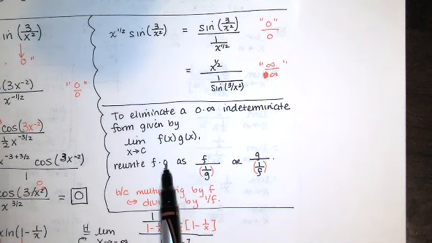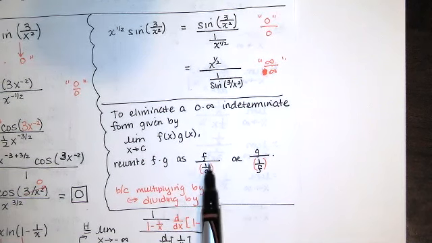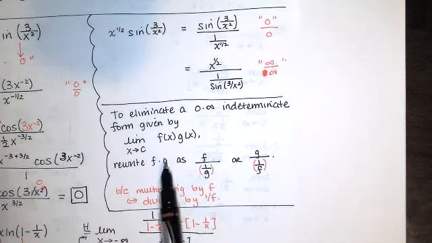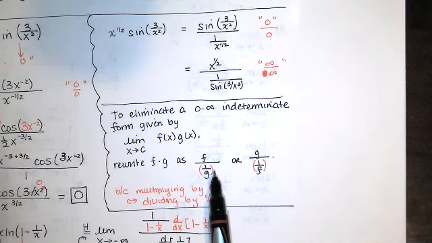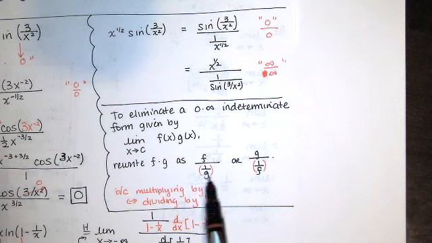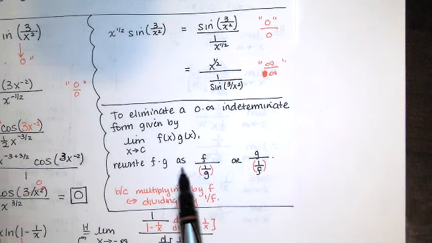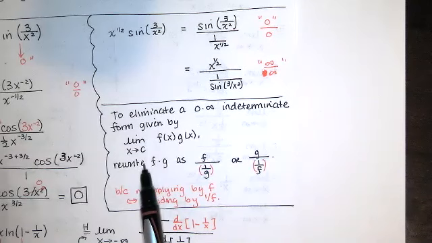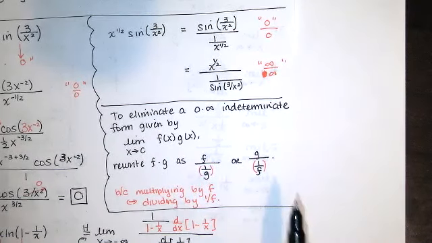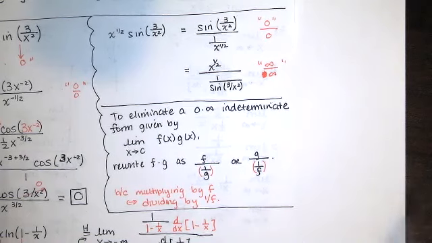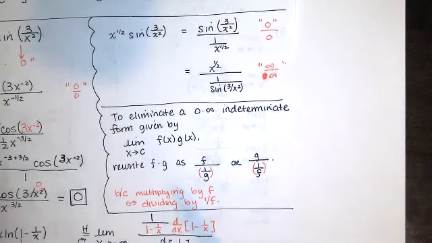So instead of multiplying by g, we divide by 1 over g, or instead of multiplying by f, we divide by 1 over f. And you can see that dividing by this fraction is the same as multiplying by the reciprocal. So that's the same as this. But once you've rewritten it in one of these two ways, you'll have a 0 over 0 indeterminate form or an infinity over infinity indeterminate form, and you'll be able to use L'Hôpital's Rule.